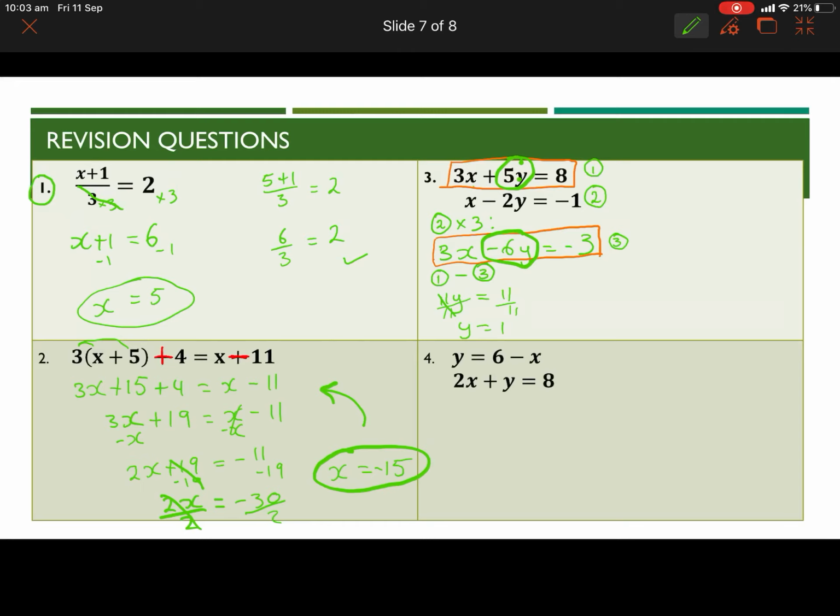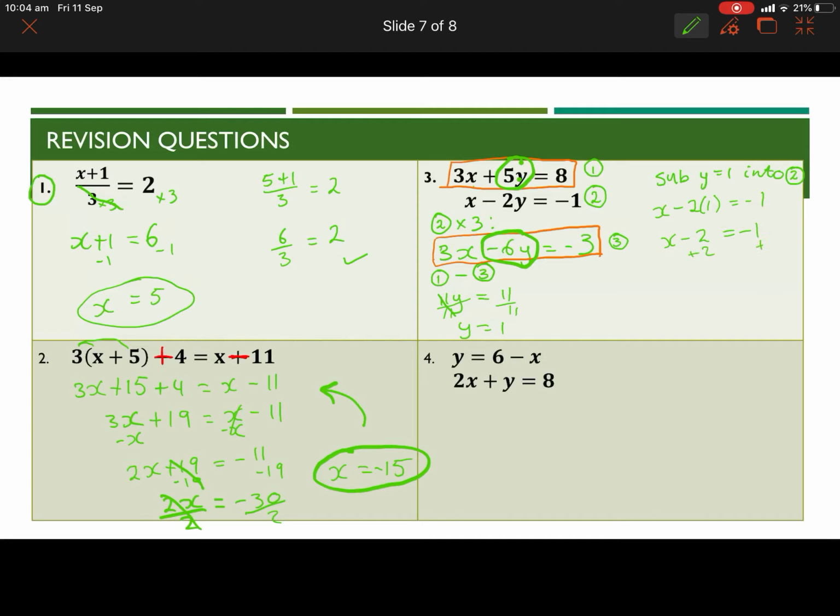So we know what y equals here. We need to substitute that 1 back into one of the equations to find x. So let's sub y equals 1 into the second equation, because to me that looks a bit easier. So you're going to have x minus 2y, and y is 1, equals negative 1. Obviously 2 times 1 is just 2, so you've got x minus 2 equals negative 1.